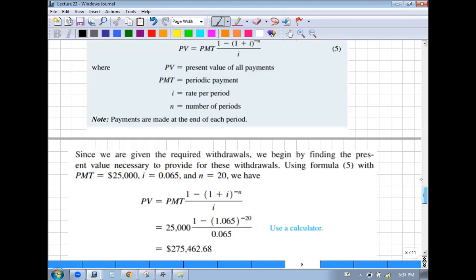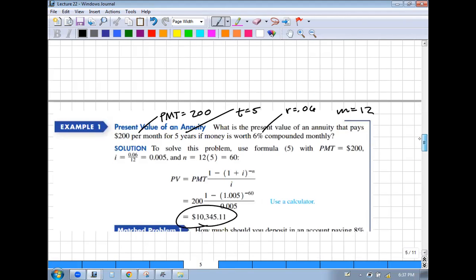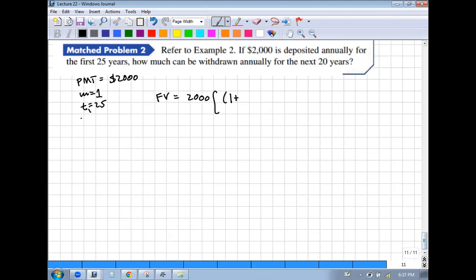Okay, what is R? Here we go. R is 6.5%. So R is 0.065. So I would be 0.065 divided by 1, so it's 0.065. To the N is MT, N is 1, T is 25. We'll just write this as 1.065. That's easier. Minus 1 over I.